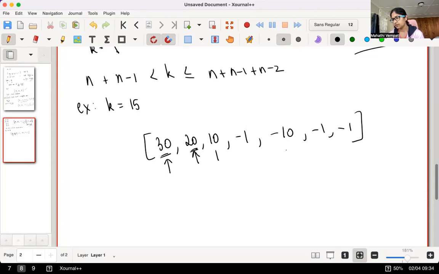Feels like I just need to sum up whatever I get from where I placed it finally to this position. So for instance, here I placed 10 finally, right?